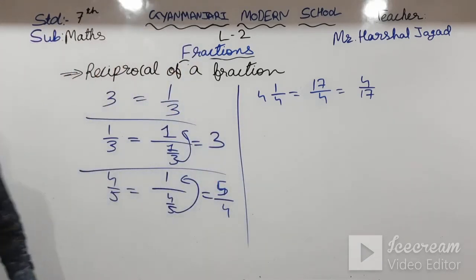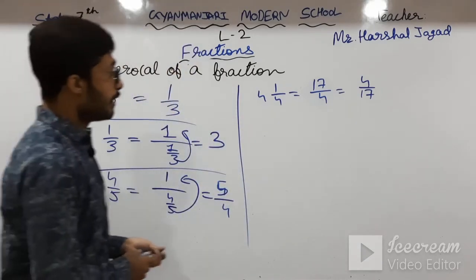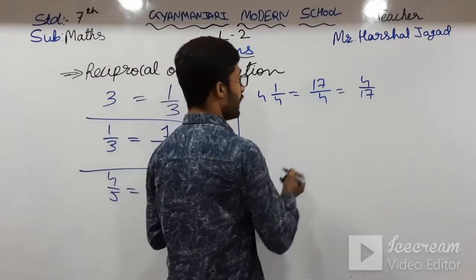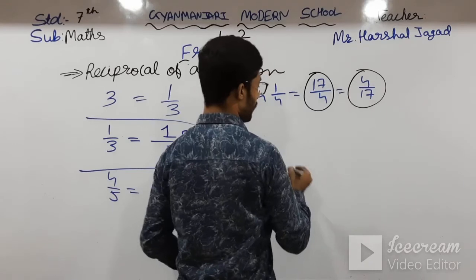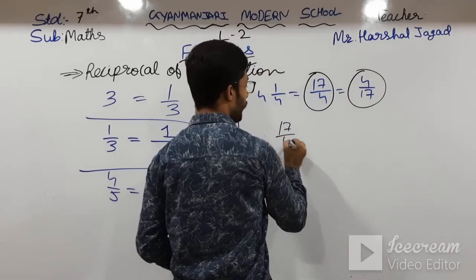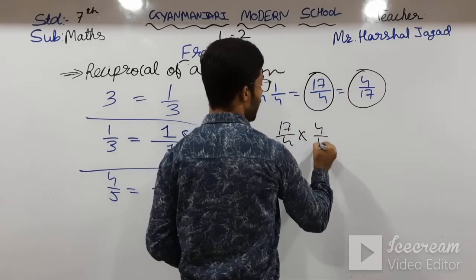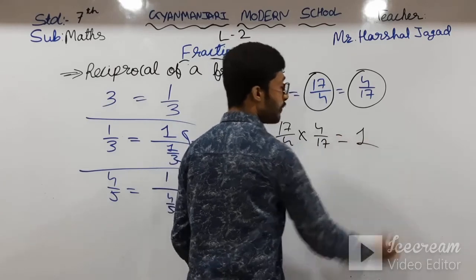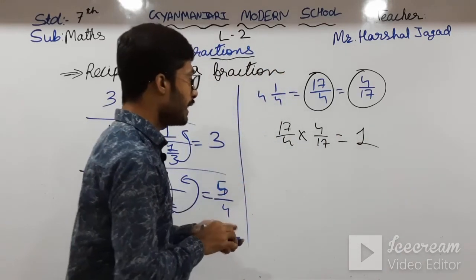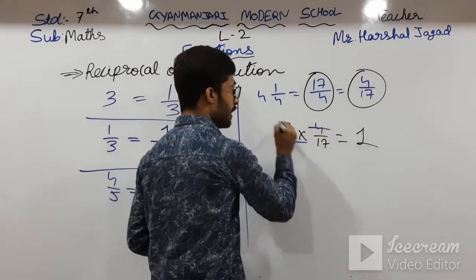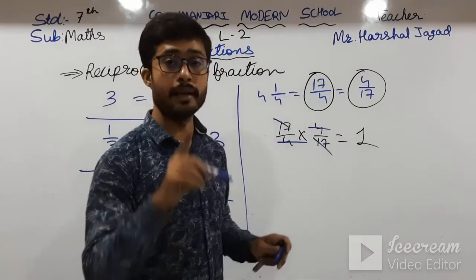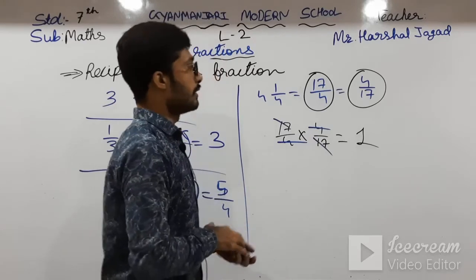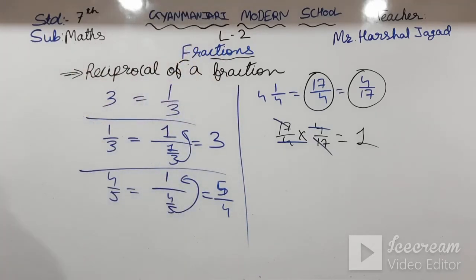Take the example: 17 by 4 into 4 by 17. The answer will be 1. Why? Here 4 4 cut, here 17 17 cut. Then the answer will be 1. So, this is the reciprocal of a fraction.